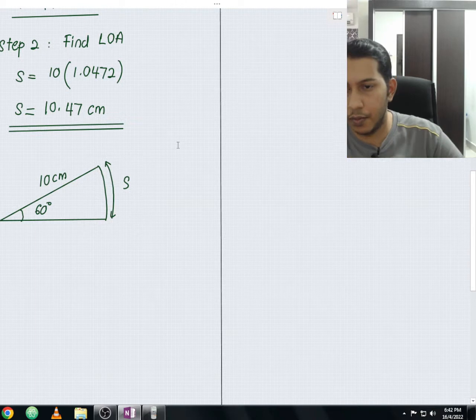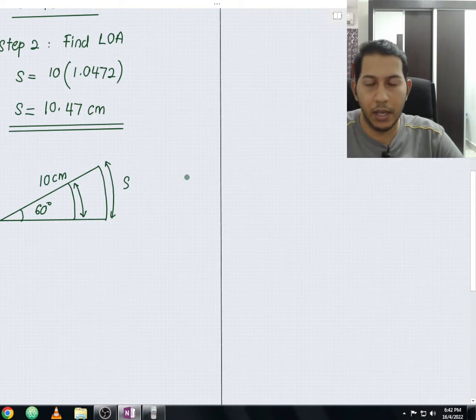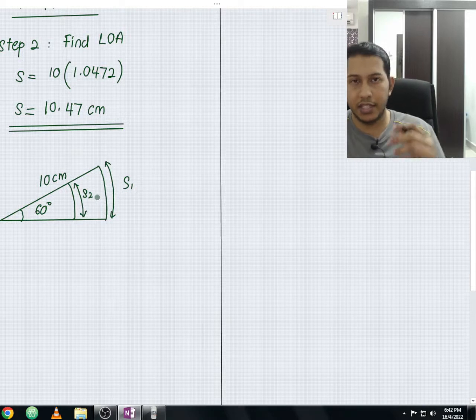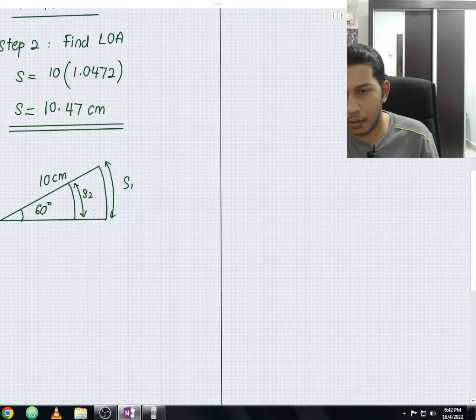For the second example, let's say you have two arcs, S1 and S2. As you can see here, you have two concentric sectors, one involving S2, another involving S1.